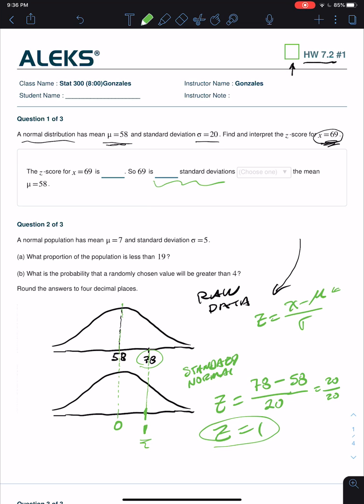These z-scores are basically reconfiguring the scale. Whenever you have a z-score of 1, that is one standard deviation regardless of what the data is. In this particular data, one standard deviation is 20 points on the raw data.